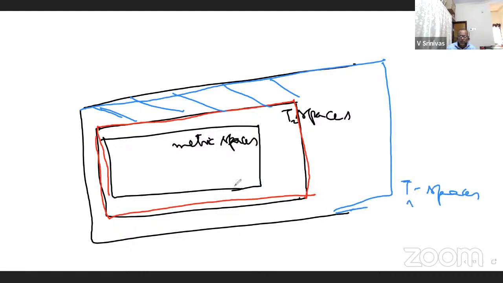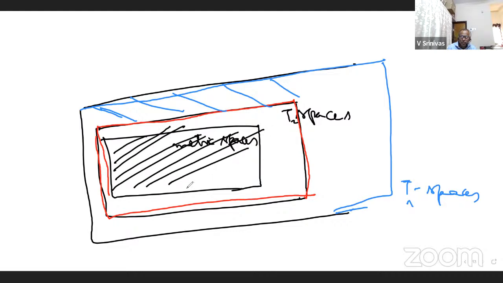It means you are collecting all topological spaces, and you are collecting all metric spaces. Every metric space gives you a topology. So out of a metric space, you get the metric induced topology. So a metric space can be visualized as a topological space, right? So all these are T2 spaces.